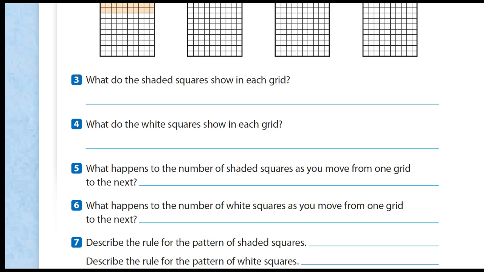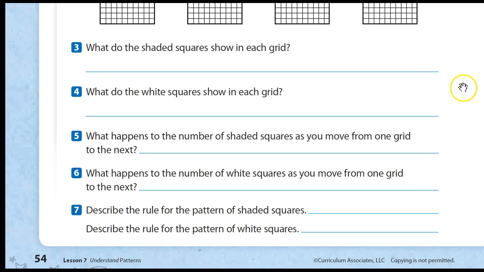They got smaller. So instead of adding by 10, we were subtracting 10. Subtracting by 10, yes. So you're right. So describe the rule for the pattern of shaded squares. So every time for the shaded squares, we what? No, for the shaded squares, not the white ones. We add 10. Okay? And the white squares, we subtract 10.